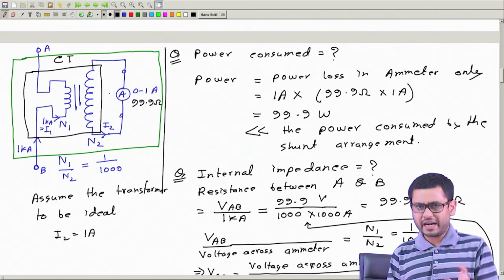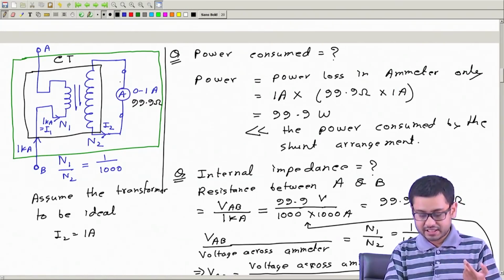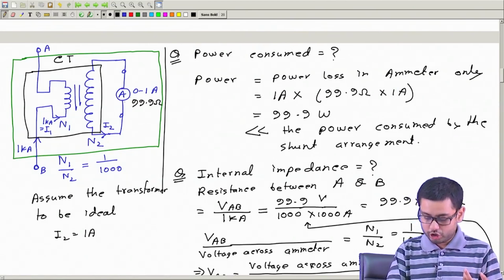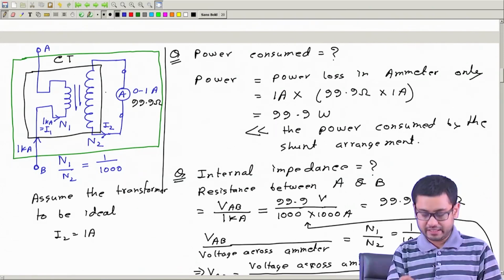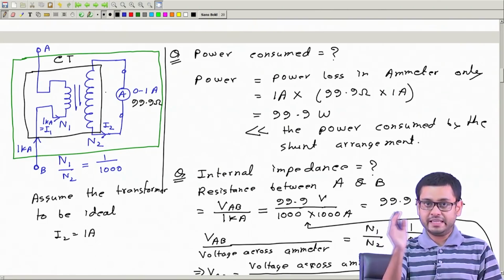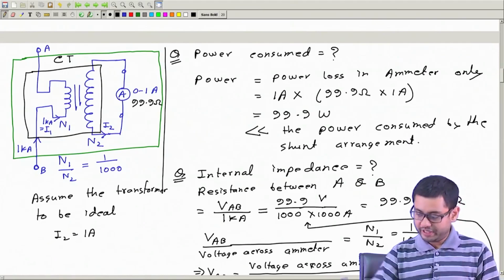So, circuit breakers, relays, they are also in a sense some measuring instrument, and you can actually connect such relays, such circuit breakers also across the secondary of this current transformer. Not just meters which give you indication with pointer how much the current is, but also protective instruments.